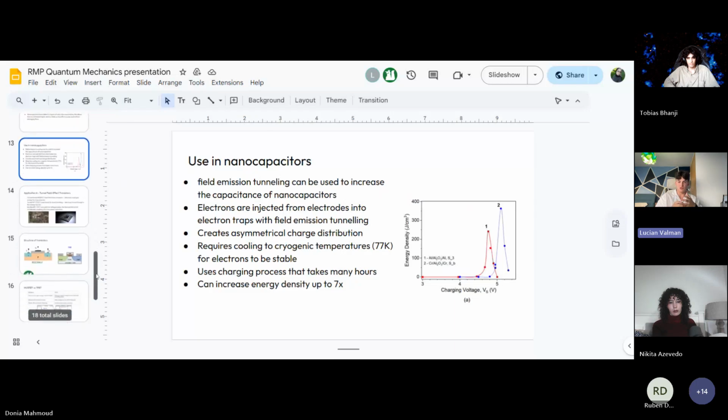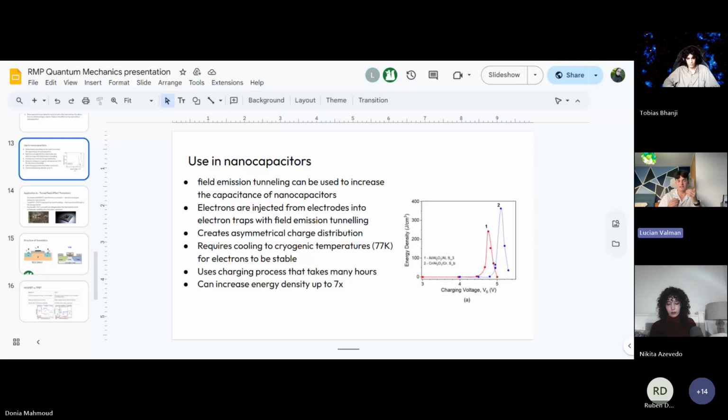And that's used in nanocapacitors to increase the capacitance. That was a recent piece of research that I looked into, where field emission is used to allow electrons to escape from the electrodes, and they can then occupy electron holes in the dielectric in the middle.